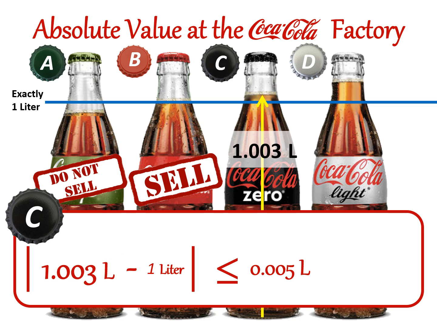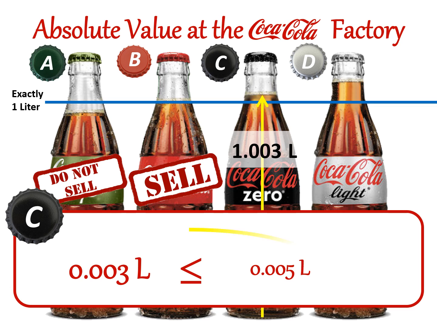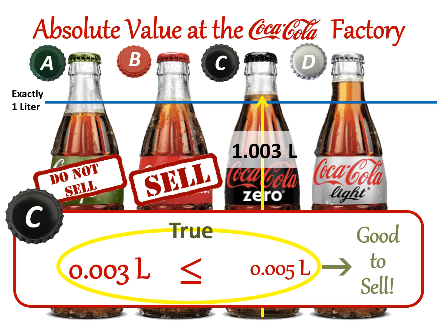We find the difference between that amount and 1 liter. That is 0.003 liters. We convert it to its absolute value, which in this case does not change the number, and we have to ask ourselves, is 3 thousandths of a liter less than 5 thousandths of a liter? Yes, it is true. This bottle is good to sell.